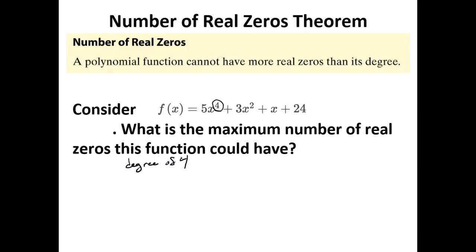The maximum number of real zeros this function can have is going to be the degree. So the answer to this question, what is the maximum number of real zeros this function can have, is 4. Now the number of real zeros might be less than that, but we know for sure that the maximum it can have is 4.